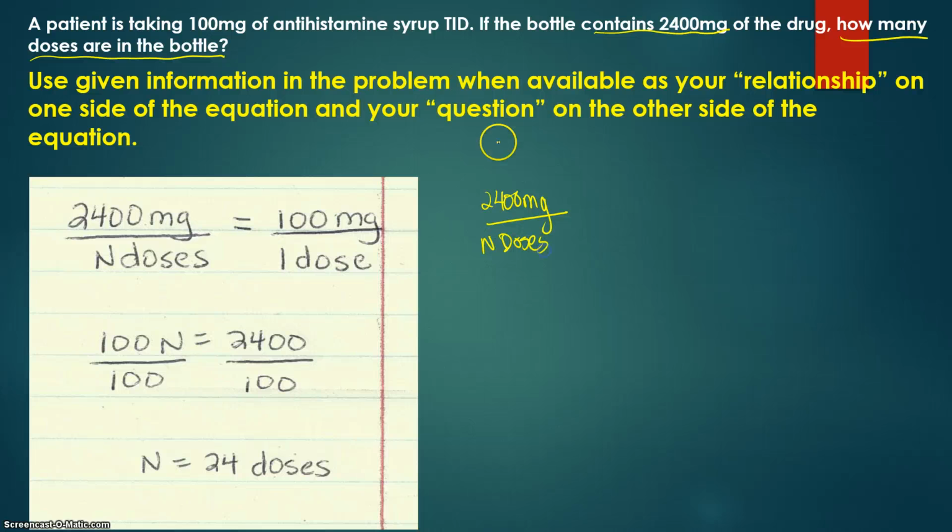That's our big question, which is equivalent to the relationship: a patient is taking 100 milligrams of antihistamine syrup. So in a single dose, you have 100 milligrams. That's our relationship that's given in the problem.